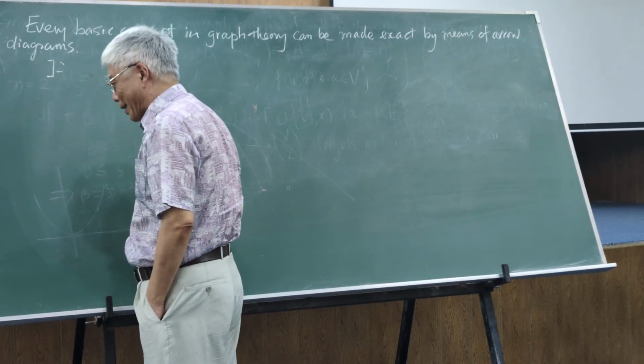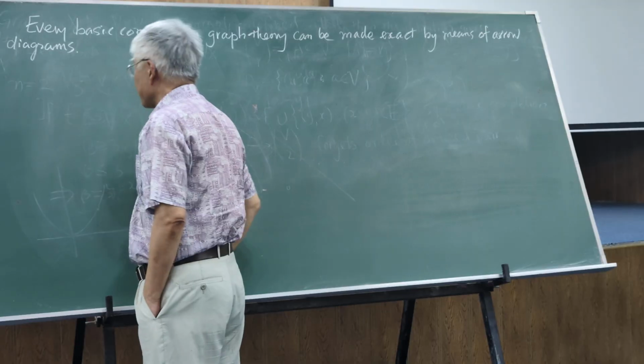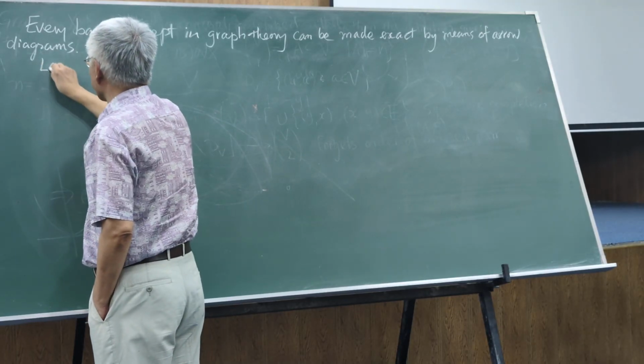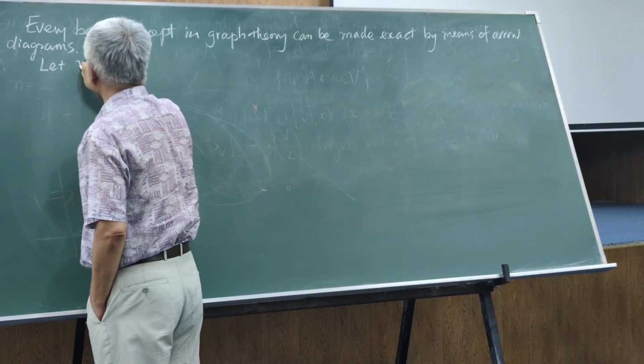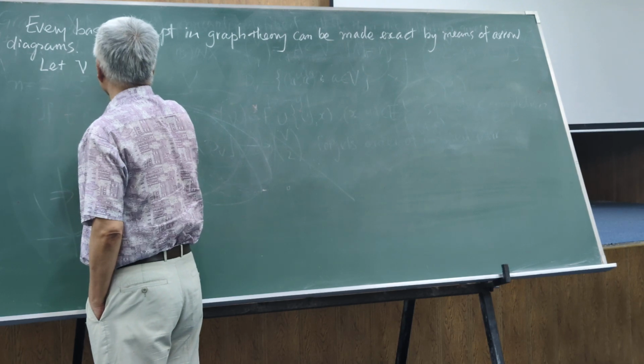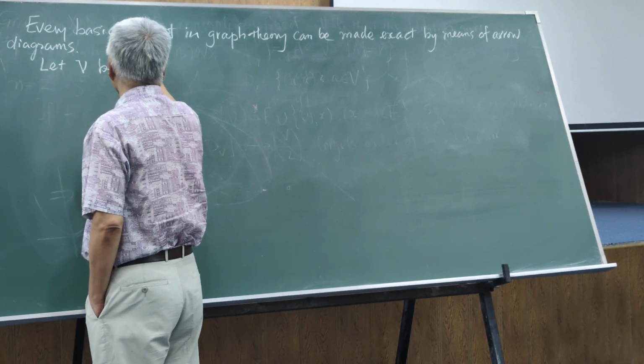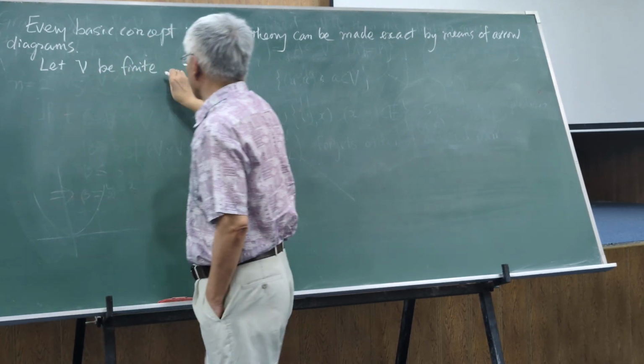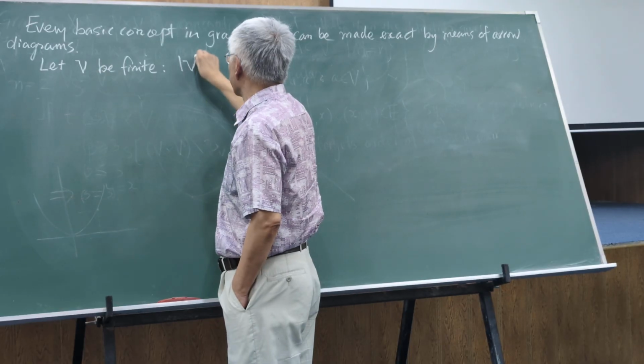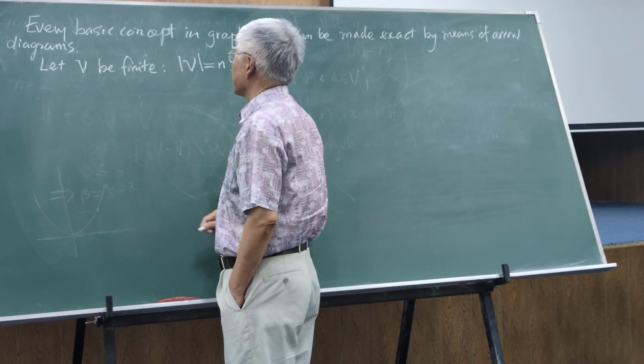Let us consider only finite graphs this time, so that you are familiar with this. Finite means its number of elements is a fixed natural number. We call it n.